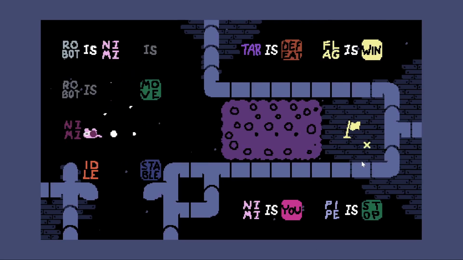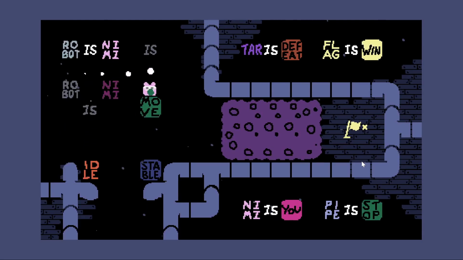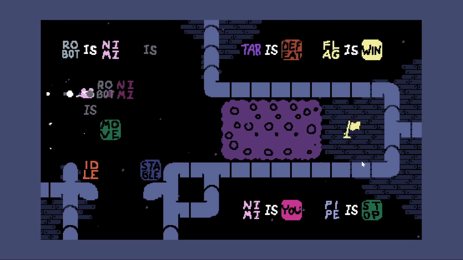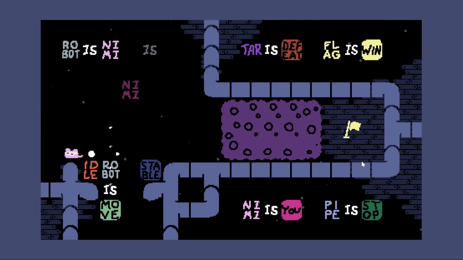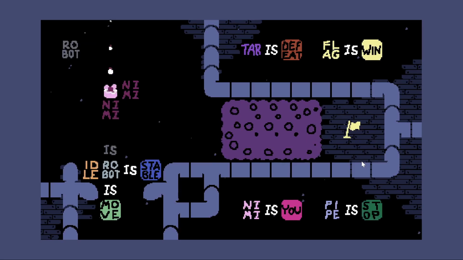Okay. I want to try this one more time. See if there's anything different we can do. So starting with the usual setup. We want to make Nimi his robot and then idle, right?